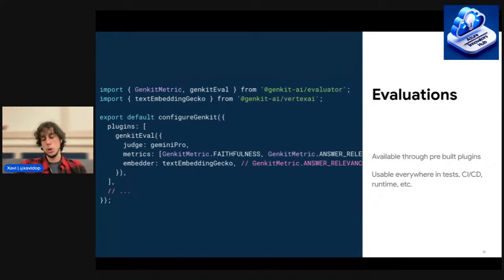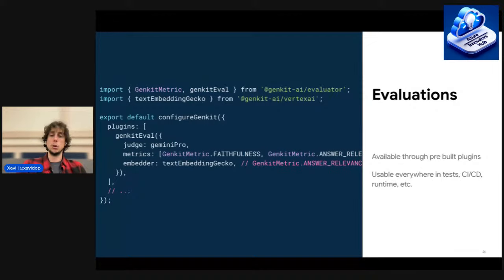So you need to switch to a newer model, or you need to check that the output of the models is correct and safe. There's nothing about harmfulness, sexuality, and all these kinds of things. So for that, you can use the LLM as a judge, which is also called evaluations.